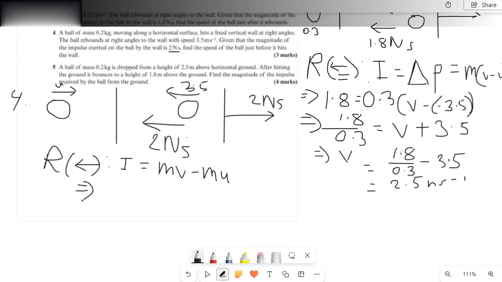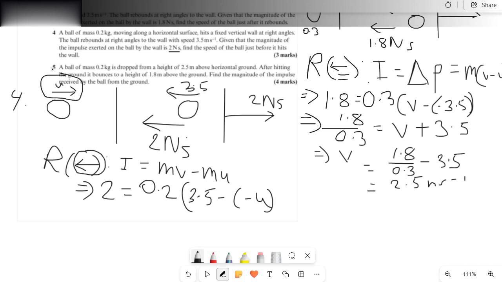So applying the formula, we can say that impulse is 2 Newton seconds, mass is 0.2 kg, and the final velocity is 3.5 minus u, because as I've said before, we're considering that the left side is positive, therefore u being on the right side is negative.